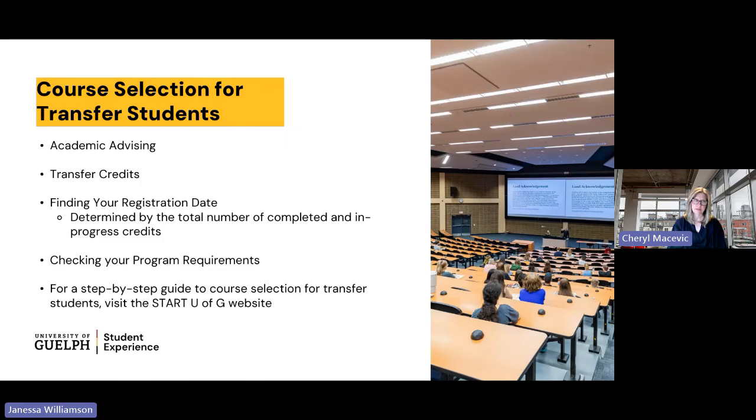We typically recommend that a transfer student connect with us so that we can arrange an appointment, because we'd be able to take a look at the transfer credits that you've been awarded in the system, and let you know how those transfer credits apply toward the major that you've been admitted to.